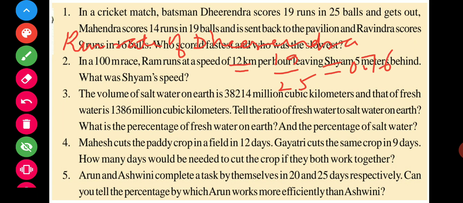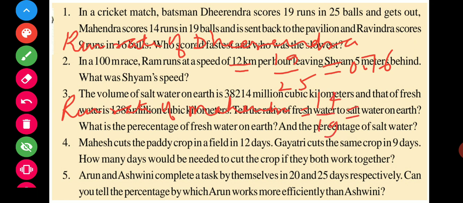and the run rate of the next one, Mahendra. The run rate of Mahendra is 14 runs in 19 balls.